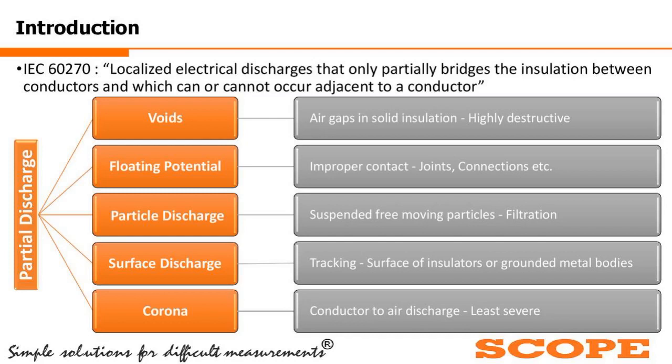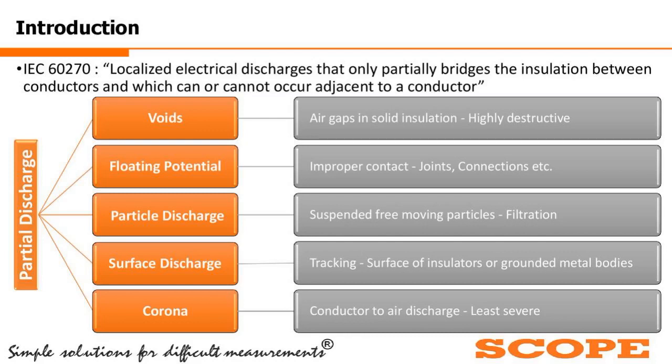So all these are foreign objects which are floating inside the oil. Any type of this foreign object, when it comes to the high voltage zone, there could be a discharge between this foreign object and the high voltage section or the live section of the electrical installation.